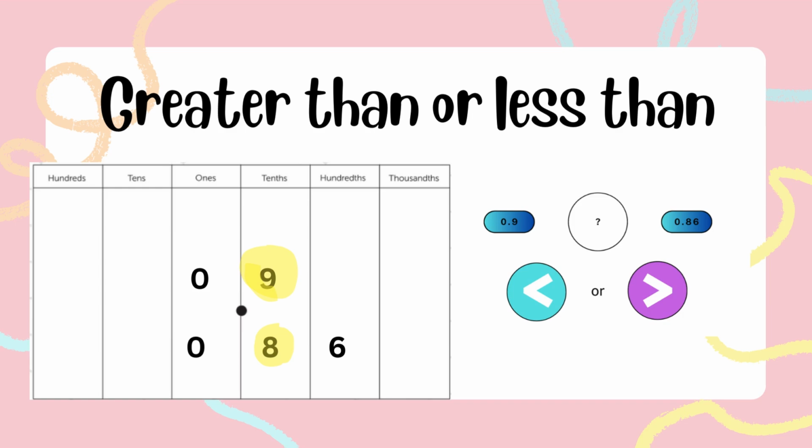Then I'm going to move to my tenths place. I have a 9 and an 8. Which one is greater? 9 is greater than 8. So here, 0.9 is greater than 0.86.